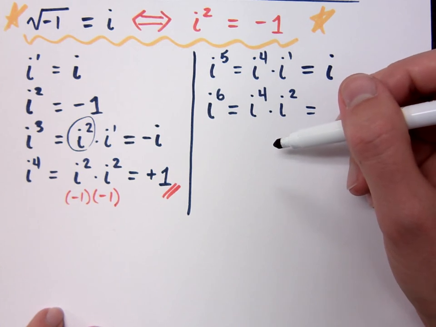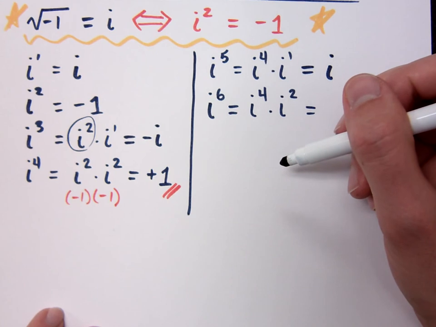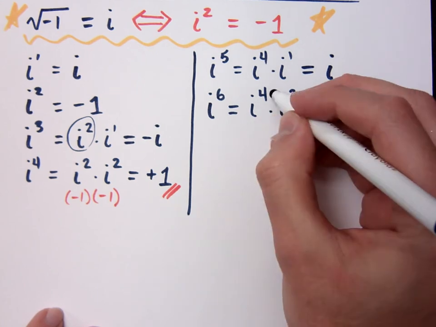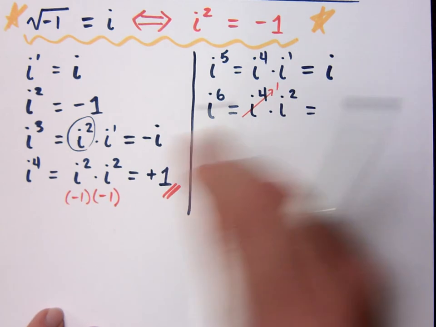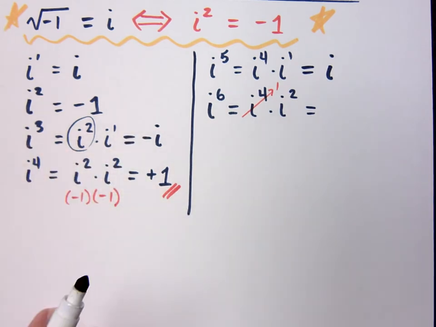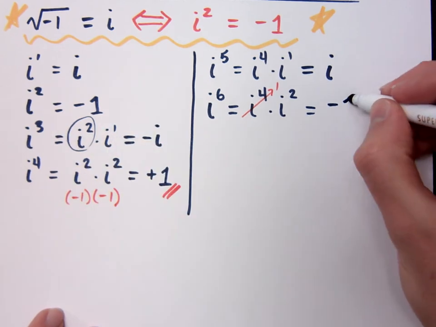Like when you're trying to simplify a fraction, you're looking for the same factor. Like if they both have a factor of 5, what's 5 over 5? 1. A factor of 1 is great because you can take that out. So i to the fourth, does he matter? What does he equal? 1. So what's 1 times i squared? Negative 1. You already know what i squared is, and that's negative 1.